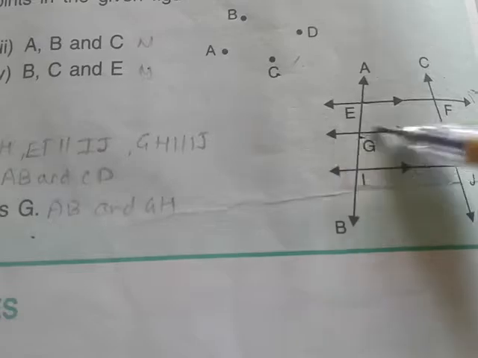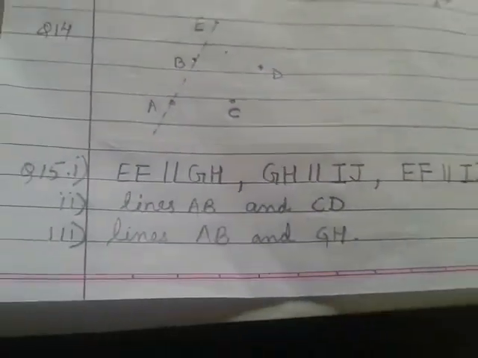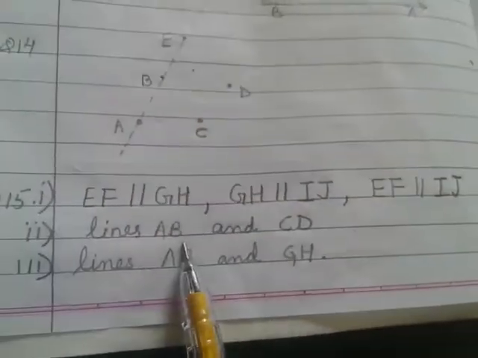AB and GH, because line AB is meeting GH at G. This line intersects this line and the point of intersection is G. So the answer is AB and GH. I have written the answers here for question number 15.